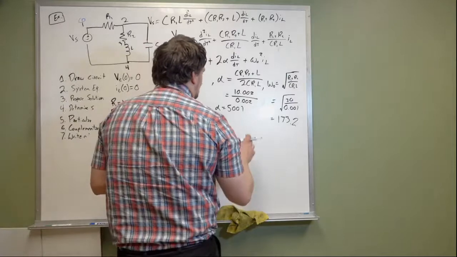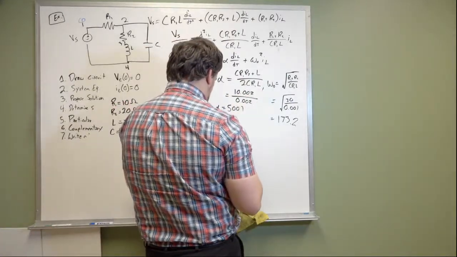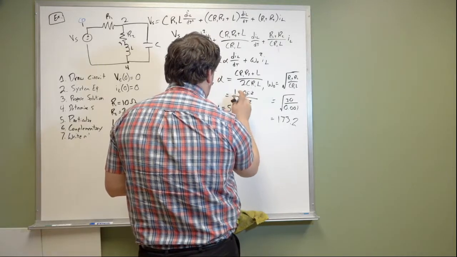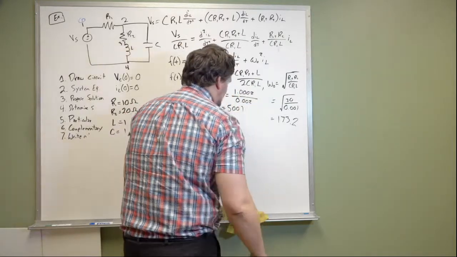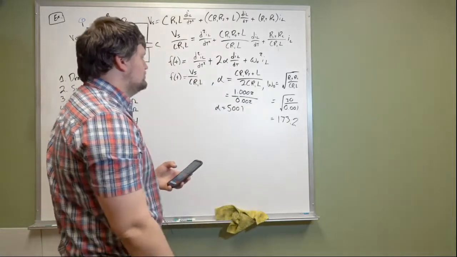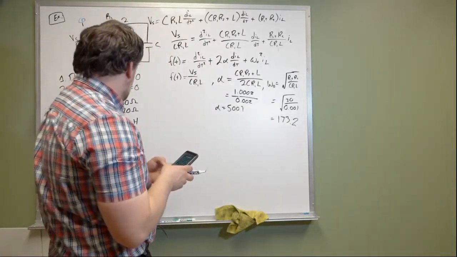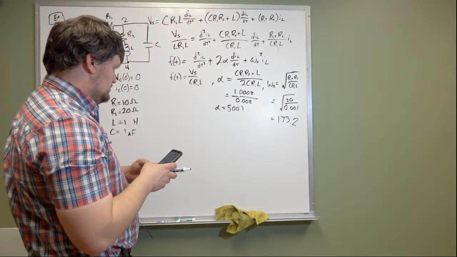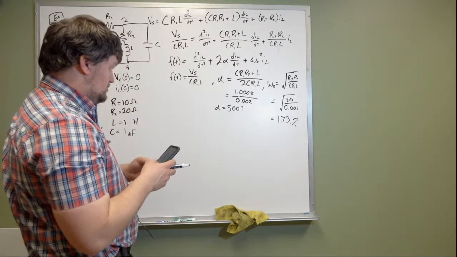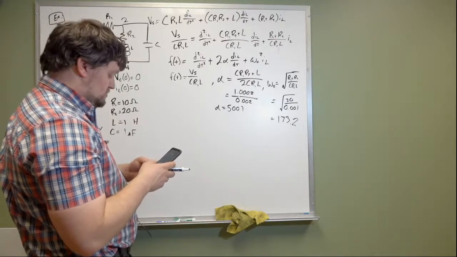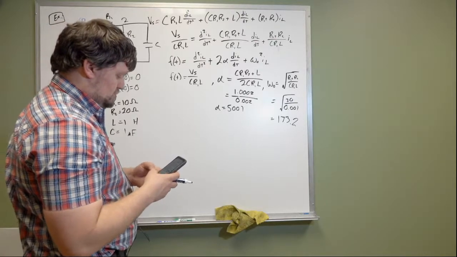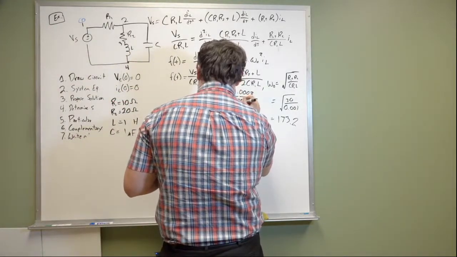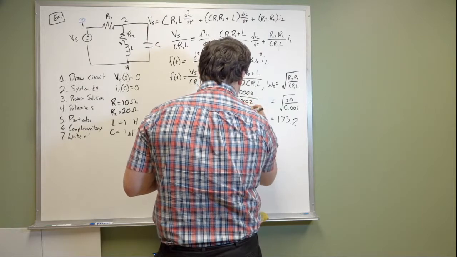So if we go back here, instead of being 10.002, it ends up being 1.0002, and then that's divided by 0.00002.